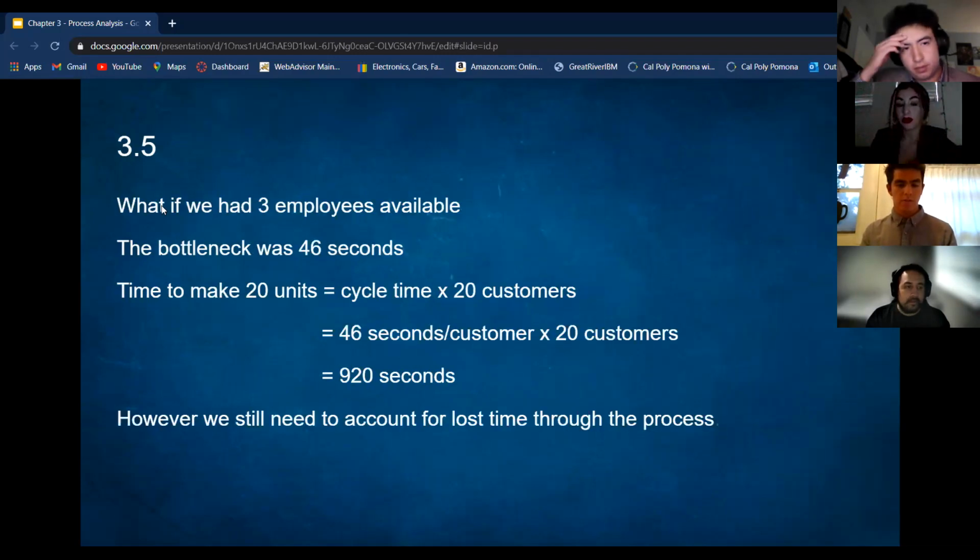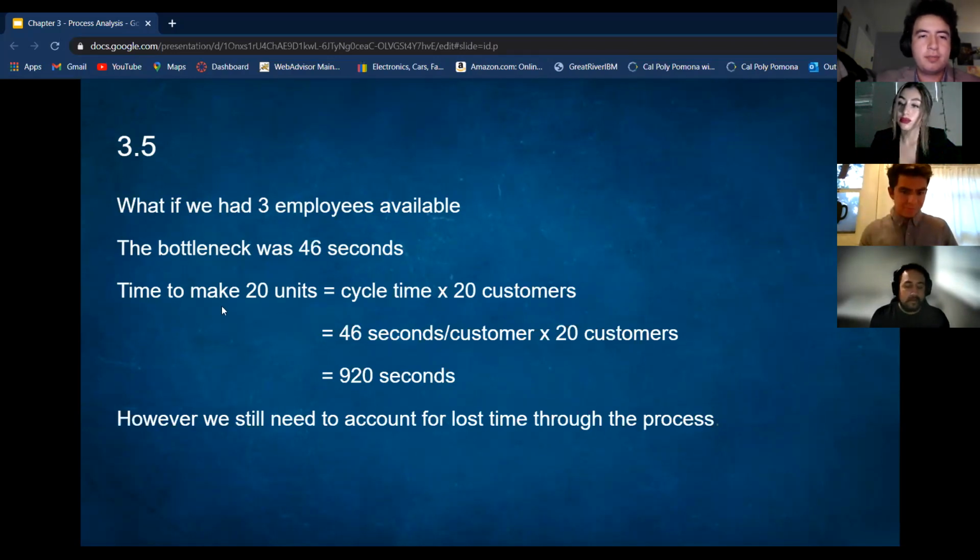And then we also go over what if we had 3 different employees available. And so as seen previously in the book, with 3 employees, our bottleneck was the one employee that was 46 seconds long. And so that's always the one we're going to use with the equation. So the time to make 20 units equals the cycle time times the 20 customers.